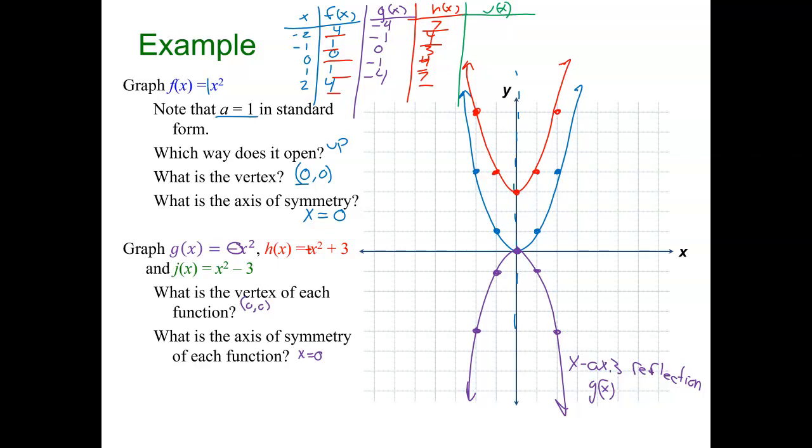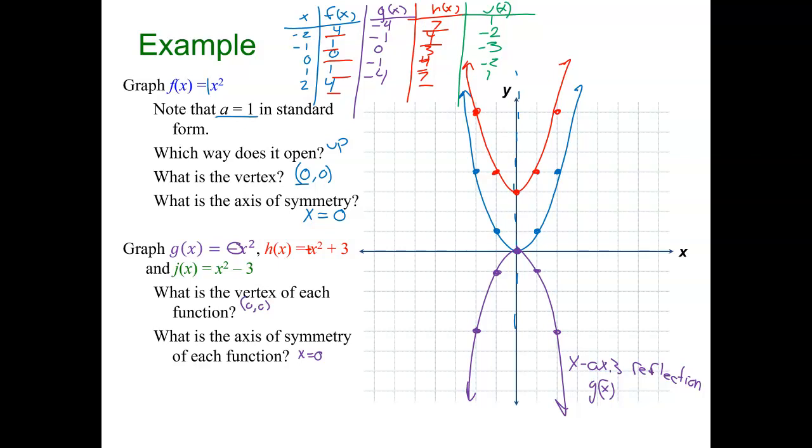So what's 4 minus 3? 1 minus 3. 0 minus 3. 1 minus 3. And 4 minus 3. So once you know those transformations, you can take the 5 values that you should memorize for our parent function. They're quick to get. 0 squared, 1 squared, 2 squared. Take those y values and either add or subtract to move it up or down.